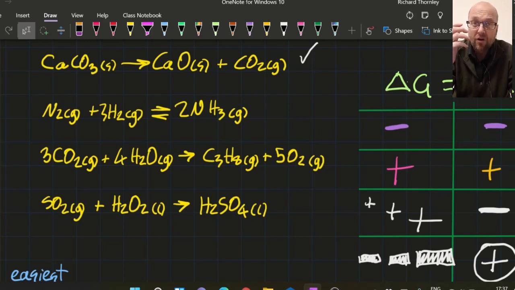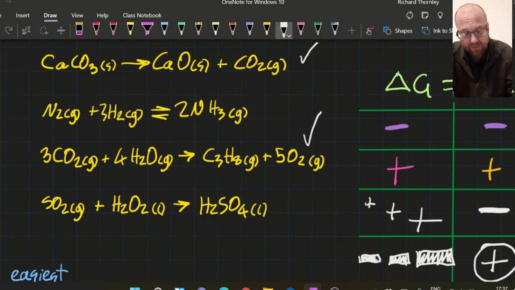So instead of getting hot, it's going to get cold. It's going to be endothermic. So we want endothermic, don't we? And the last one, I'm turning two things into one, so almost certainly I'm bonding them together in a way that's going to be exothermic. So that's wrong.